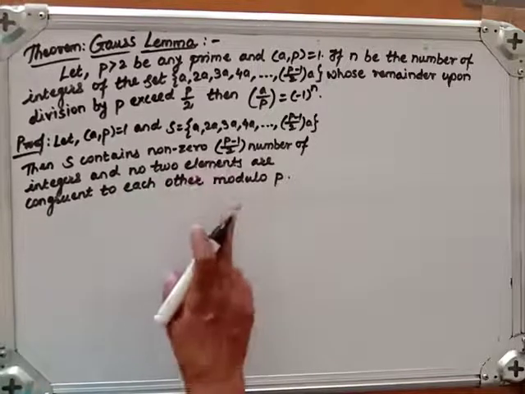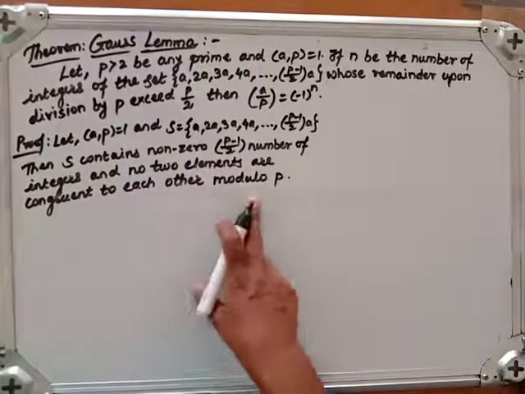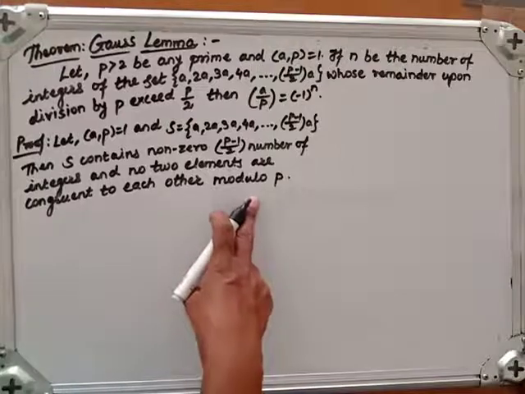These are different numbers, so no two of them are congruent to each other modulo p.